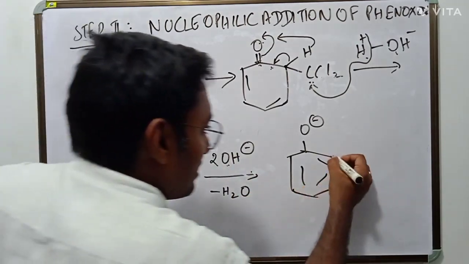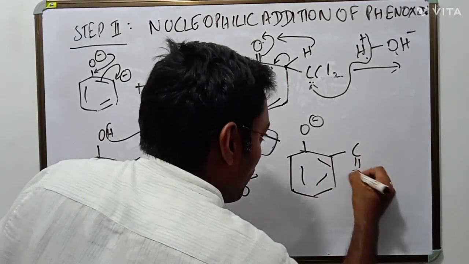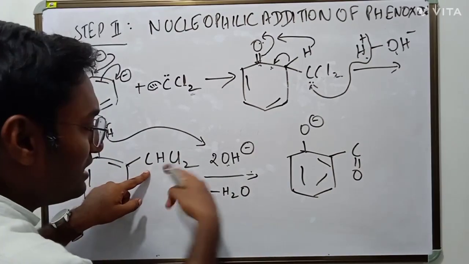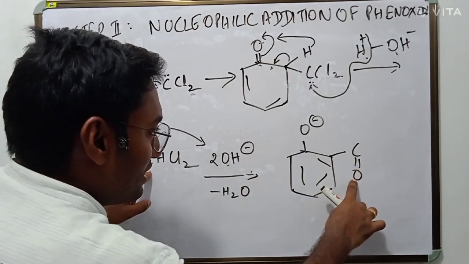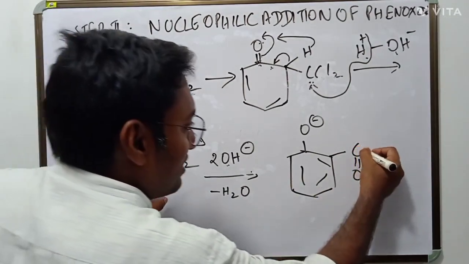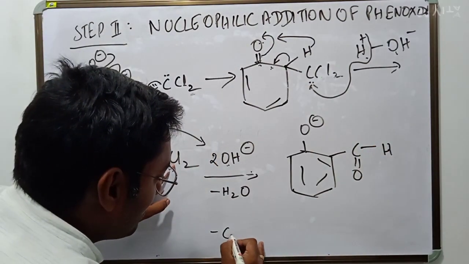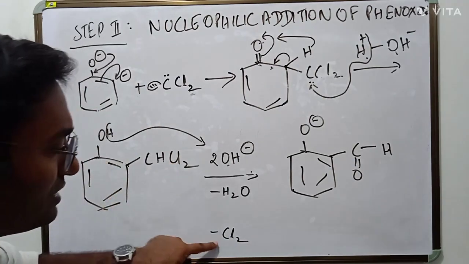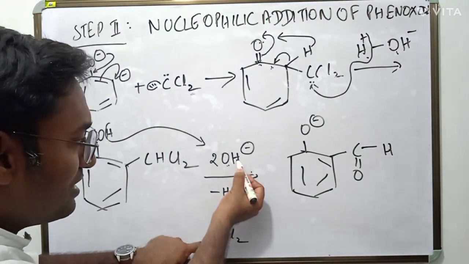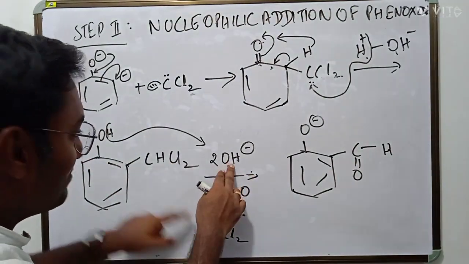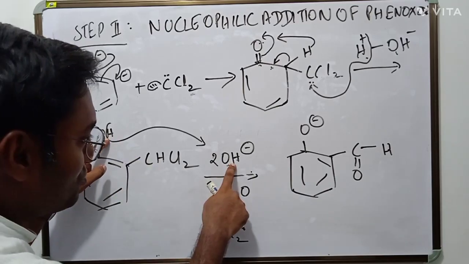Let us see. O minus, because one of the H has gone to OH minus to give H2O. There is one more OH remaining. That O you write here. Take that Cl2 out. In that place you write an O. There was H here.